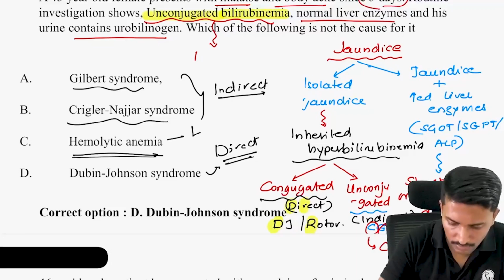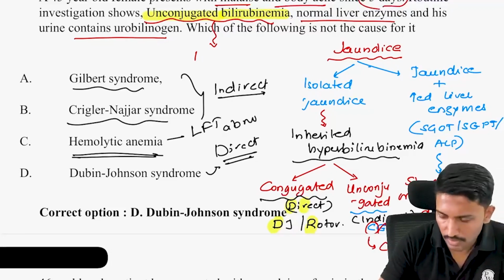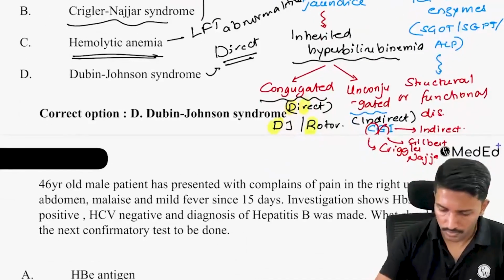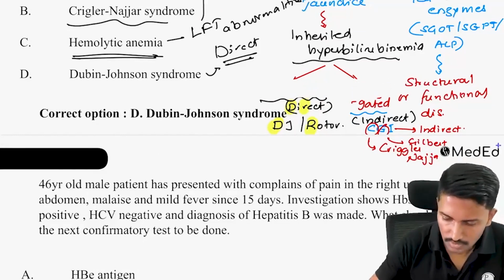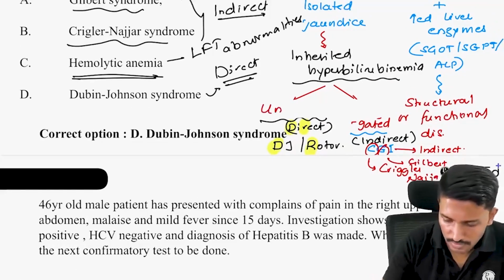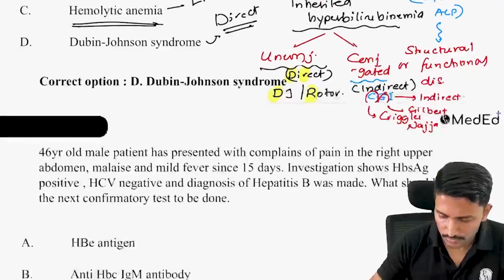Hemolytic anemia will have LFT abnormalities. Okay, so just a small correction. I exchanged the terms conjugated and unconjugated. Direct is conjugated and indirect is unconjugated.